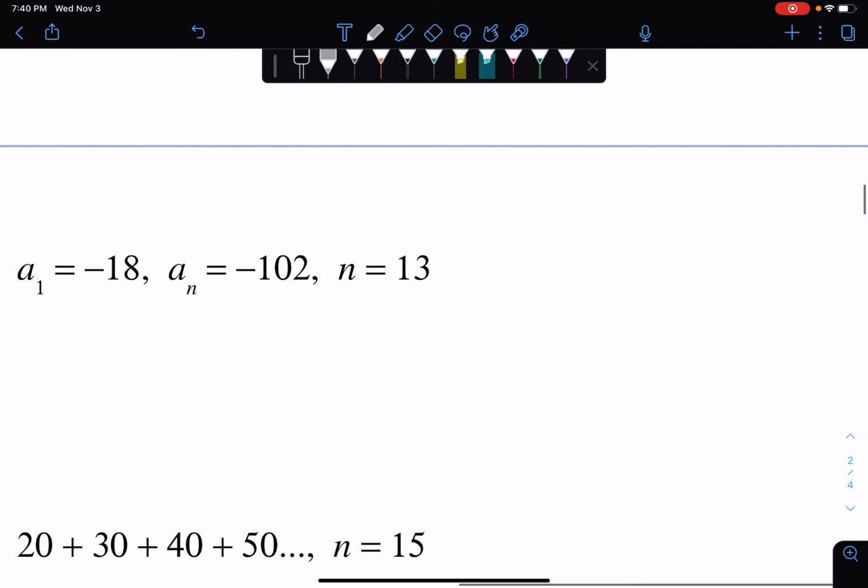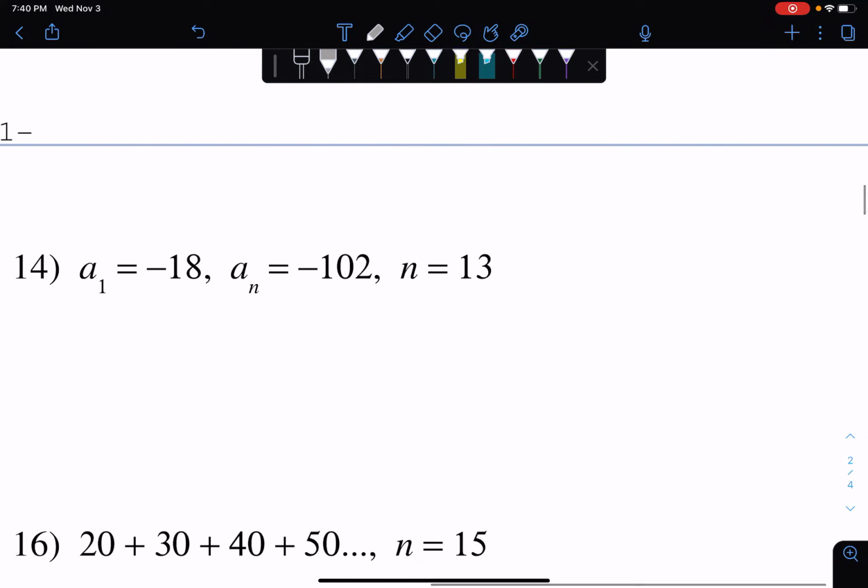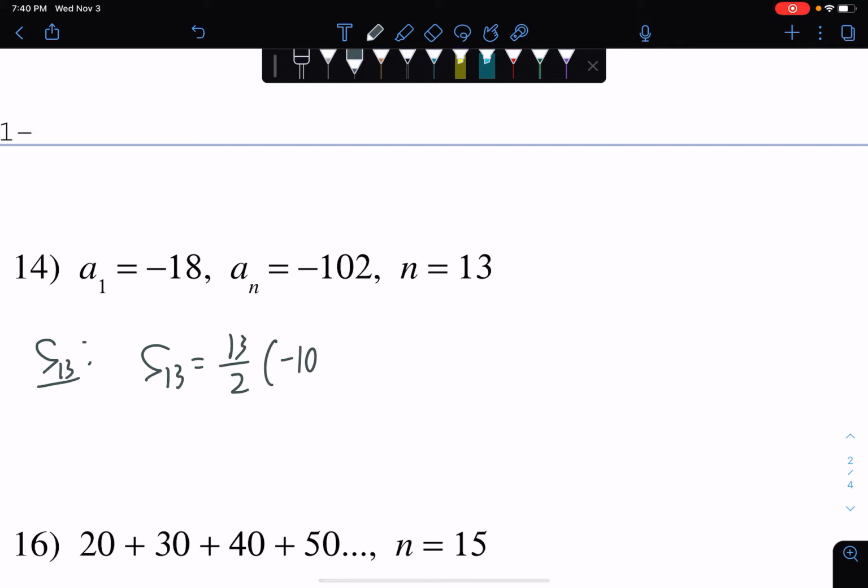Alright, let's move on to number 14. S sub 13 is equal to 13 over 2 times the quantity negative 102 plus negative 18, or basically minus 18. So S sub 13 is equal to negative 780.